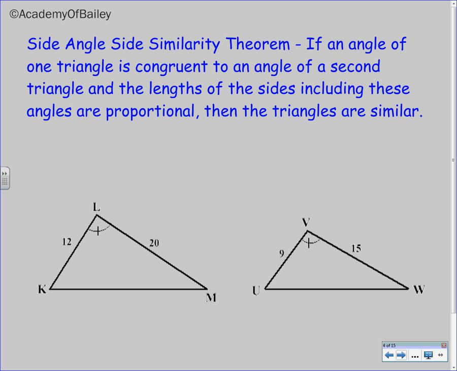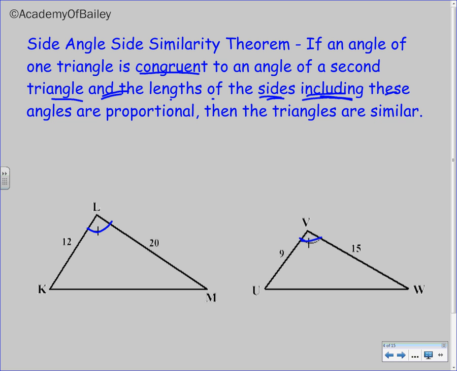It says if an angle of one triangle is congruent to an angle of a second triangle. Well, if we look here, we have congruent angles. And it's real important, the lengths of the sides, including, here's the big key word, including the angles are proportional. Then the triangles are similar.